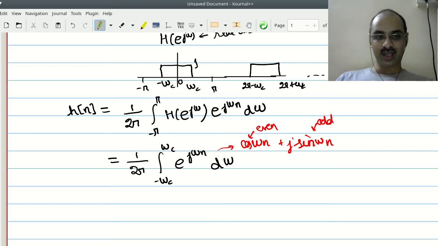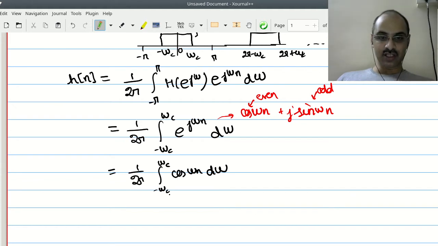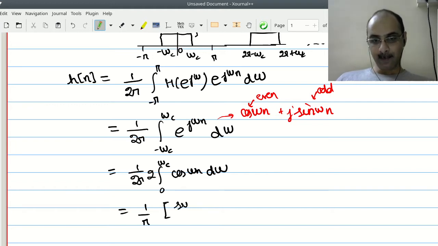So using this trick, we can rewrite this as 1 upon 2 pi integral from minus omega c to omega c of cos omega n d omega, and for even functions you can replace the lower limit with 0 and write 2 over here. So this is going to be 1 upon pi, and the integral of cos is sine, so it is sin omega n upon n, between 0 and omega c.